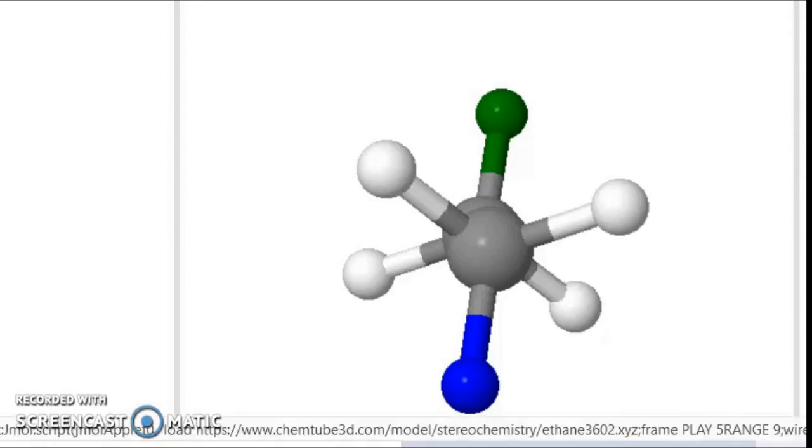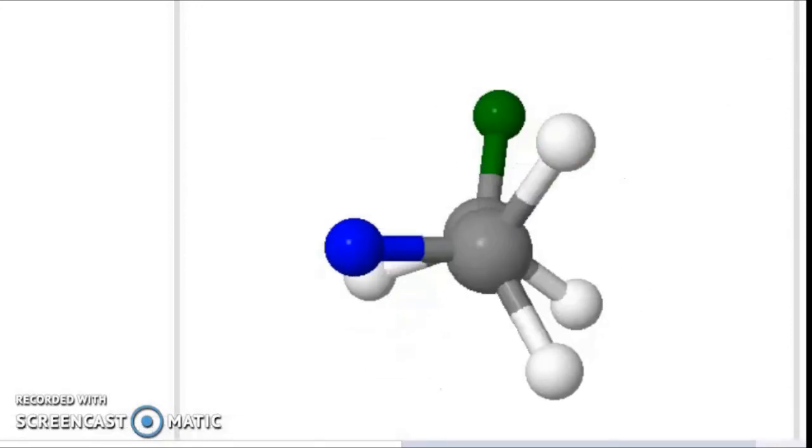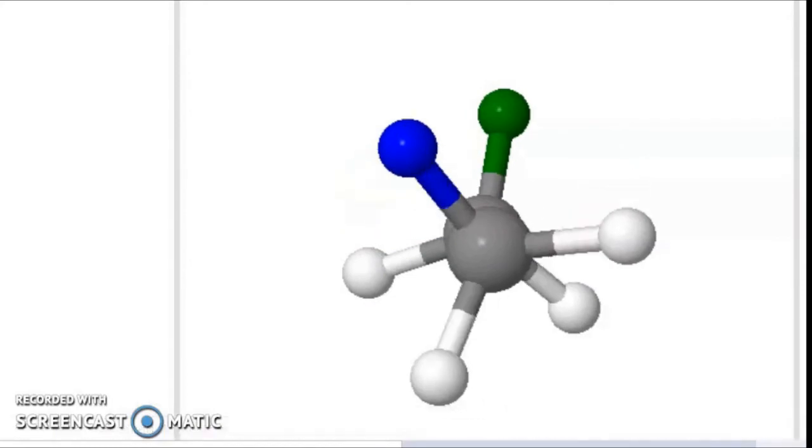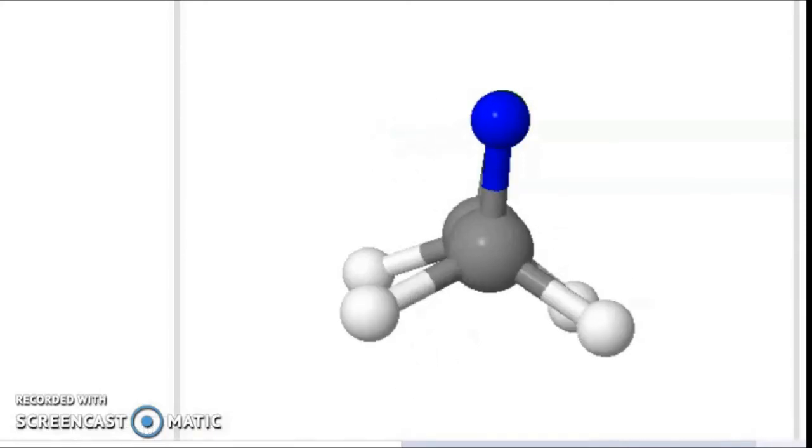Alright, now you rotate it again, you get another conformation, again you rotate it, get another conformation, one more rotation, another staggered conformation, and you come back to the original. So you have rotated 360 degrees now.